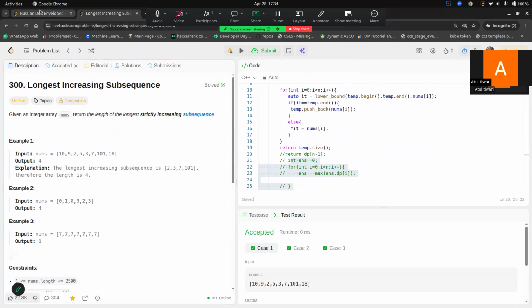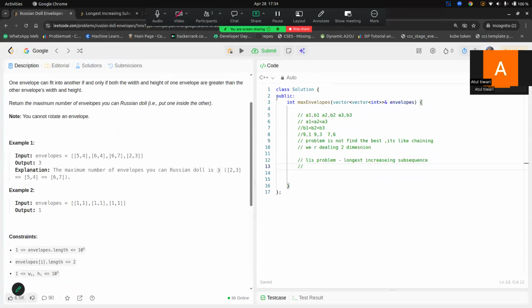Okay, coming back to the problem, why are we thinking in this way?